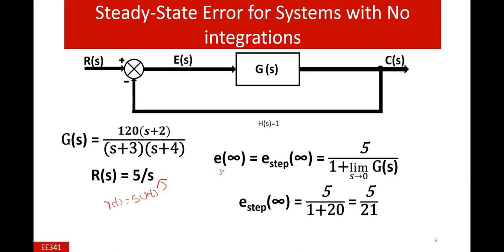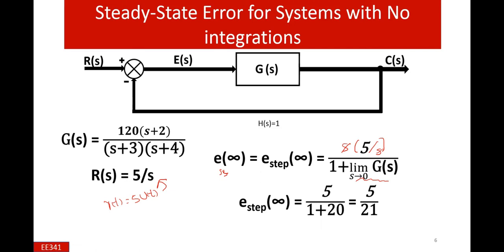Because this is a unit step, so the steady state error is for a unit step. It is not a unit step, it is 5 times the unit step. So it is 5 over s, times the s, which is according to the definition, and this s is cancelled out with this s, and here we take the open loop transfer function at s equal to 0.